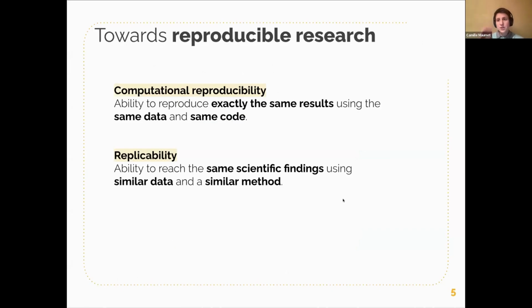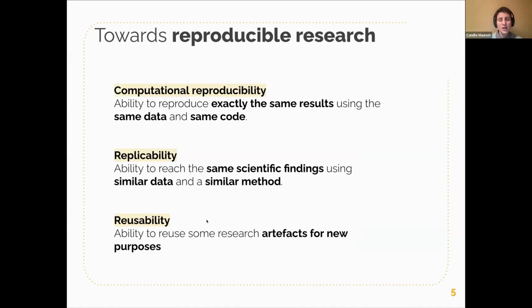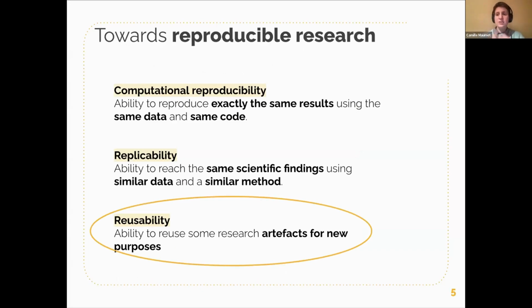Okay, so we focused on two types of reproducibility. And then we can think of another aspect, which is reusability. And here I'm thinking no longer about code that is attached to a paper, but more about software that you want to make available to the community and you want others to reuse.